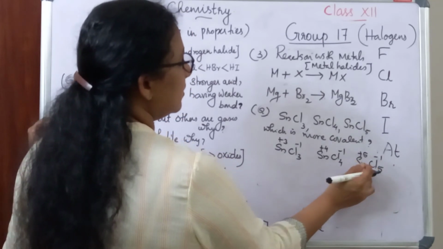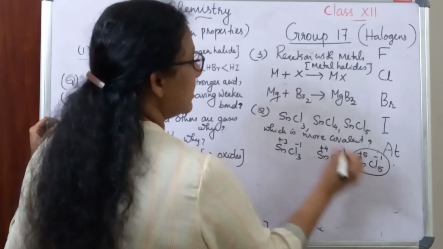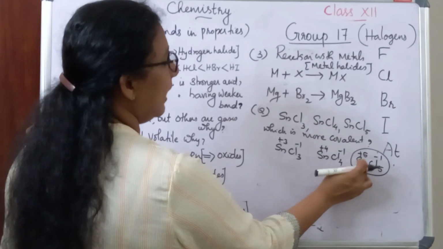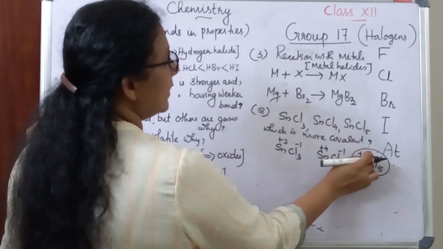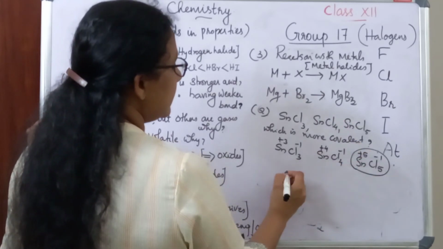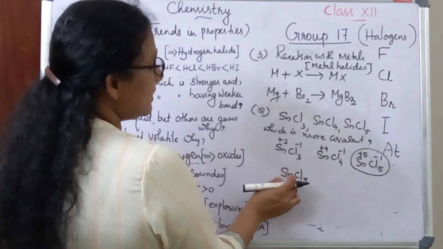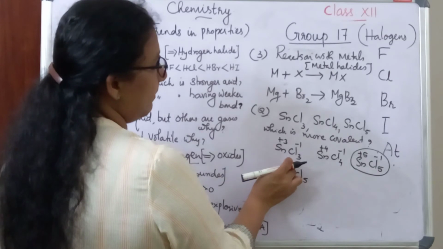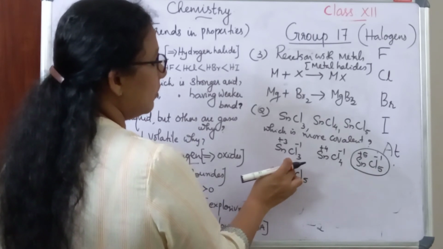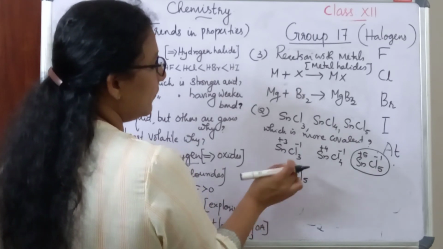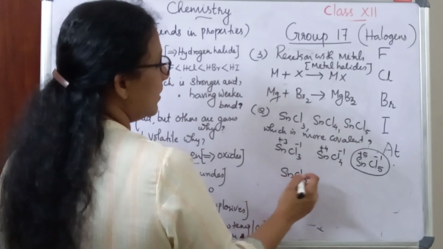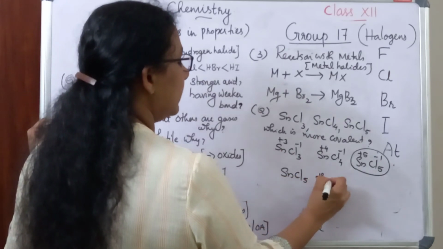In the compound SnCl5, the metal has the more oxidation state. So this is more covalent.